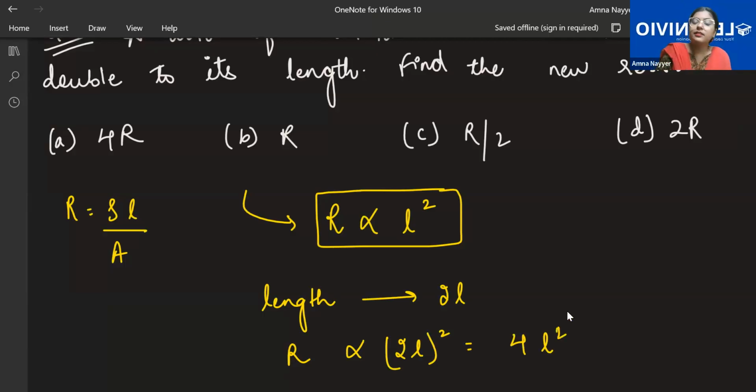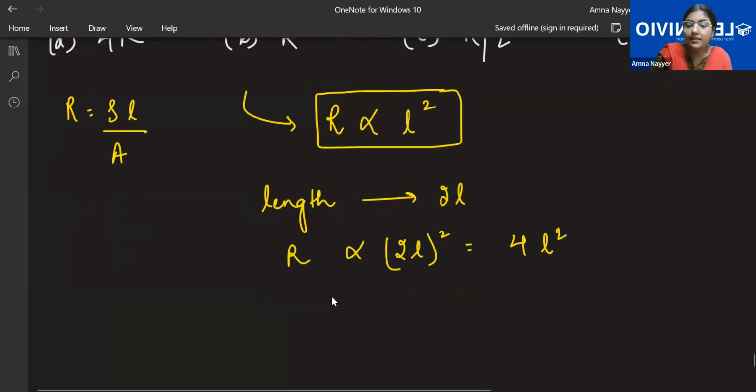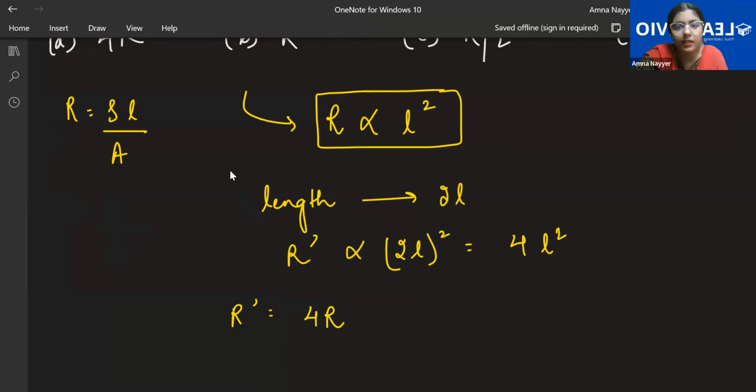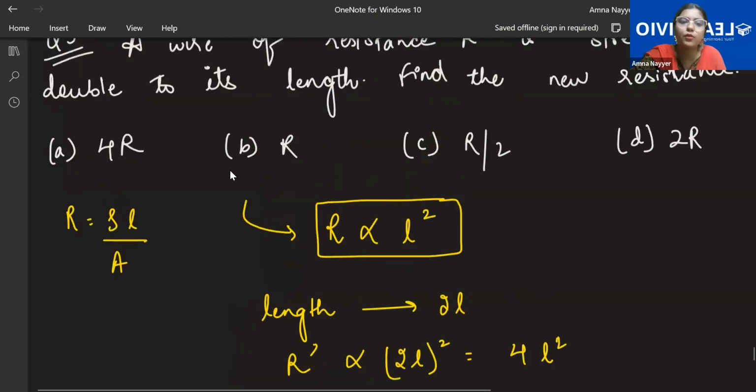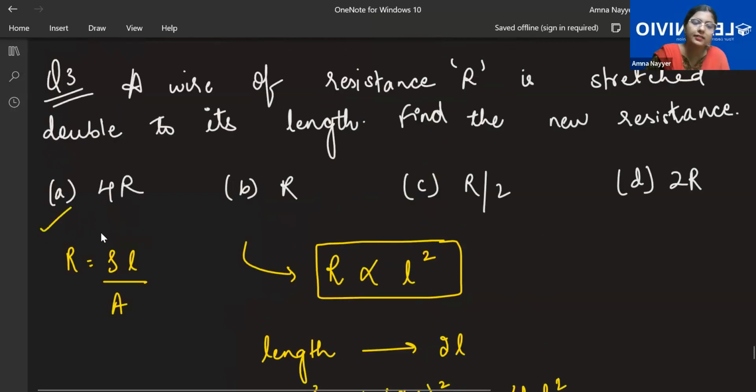Means if the length is increasing to 2 times, the resistance, which is directly proportional to L square, the new R dash is directly proportional to 4L square. Hence, we can say the new R is equal to 4 times the old R. Yes, that's how the ratio will be. The new R will be 4 times. So option 8 is correct.